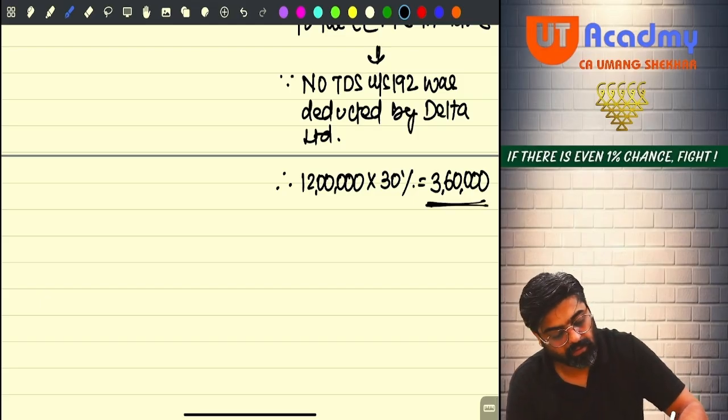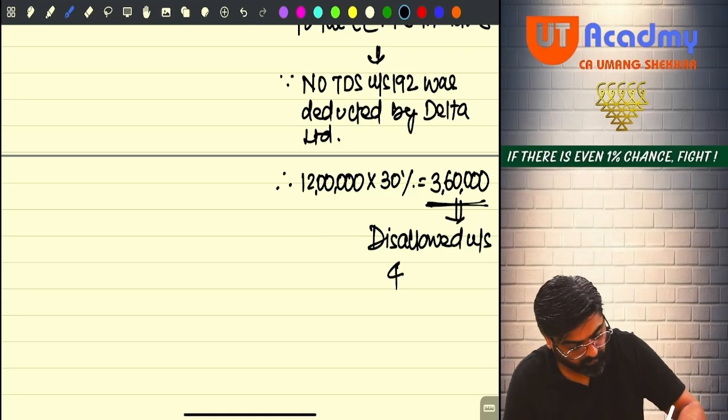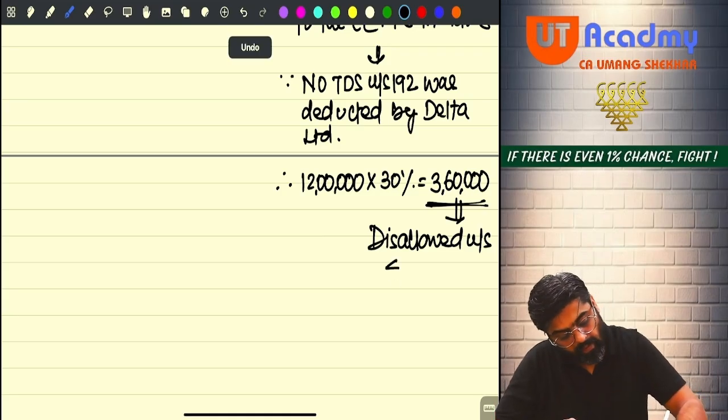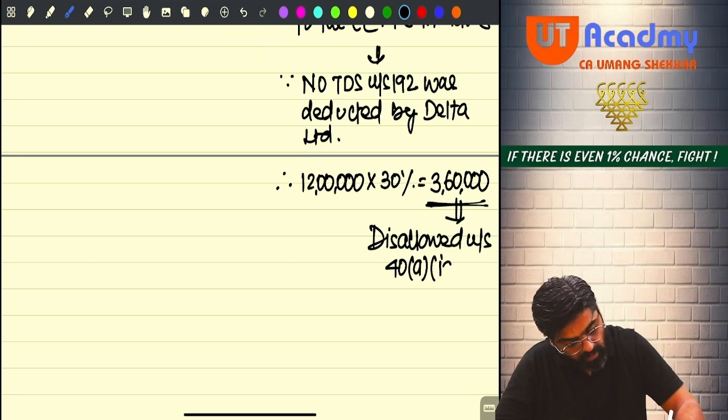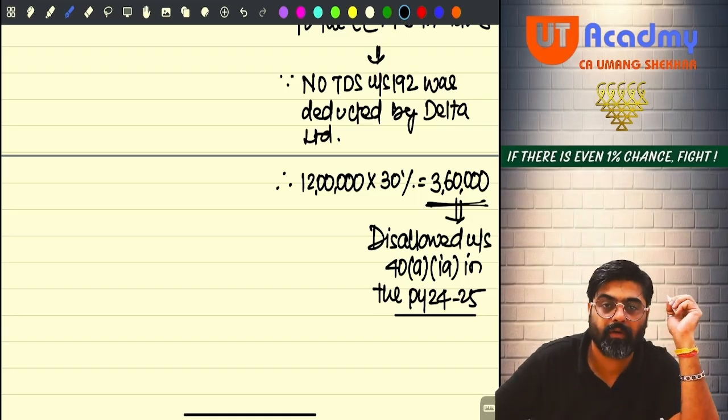This much amount is disallowed under section 40A(ia) in the previous year 24-25, because in that year only the TDS was required to be deducted.